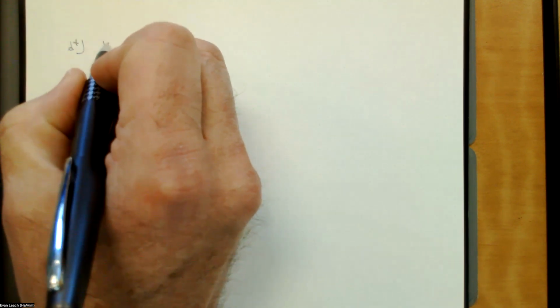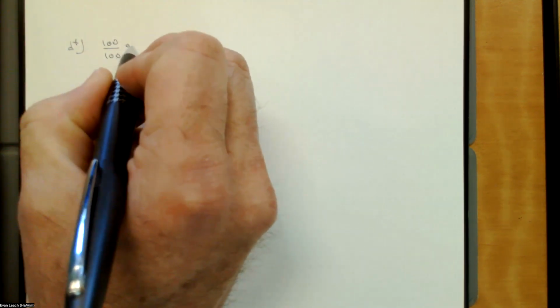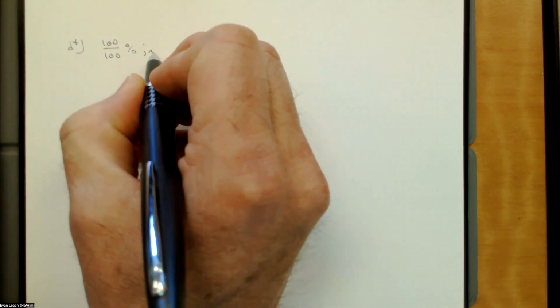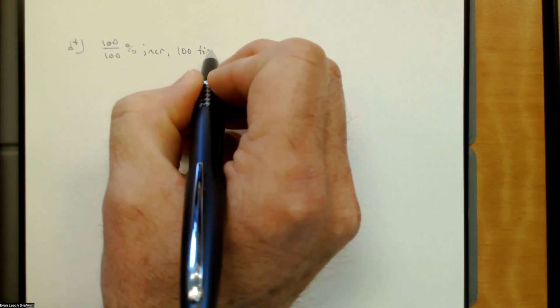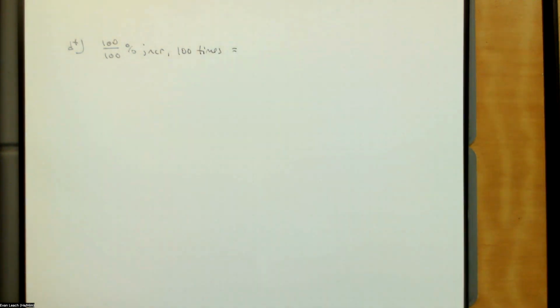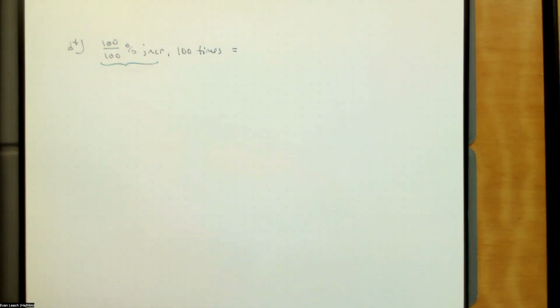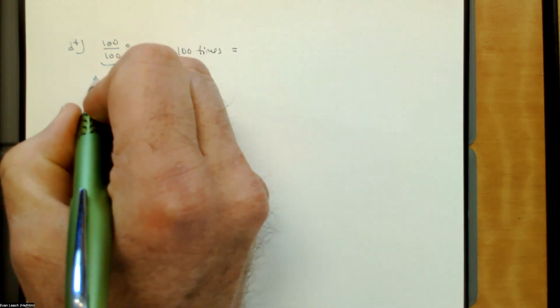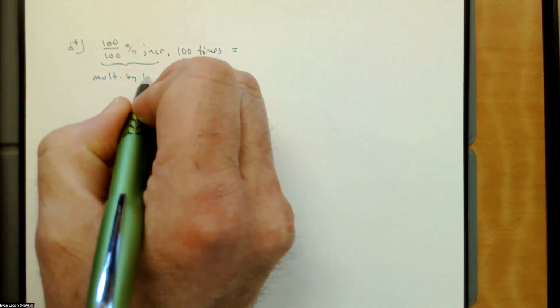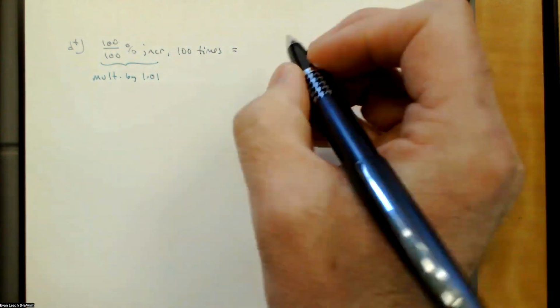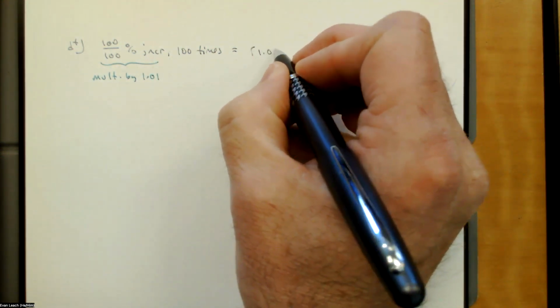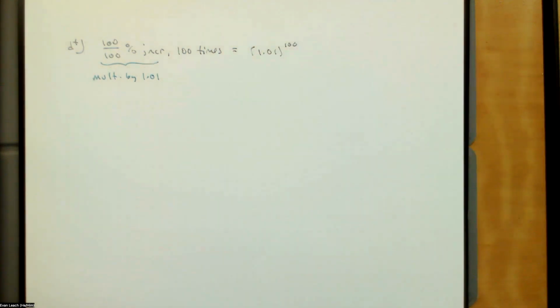So for larger values, let's suppose we take a 1% increase 100 times. So the base is getting a lot smaller, but our exponent is a lot bigger.